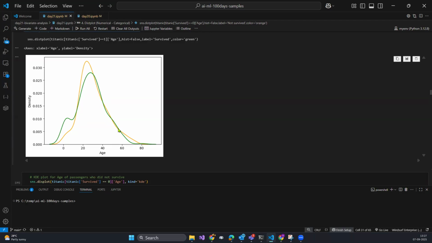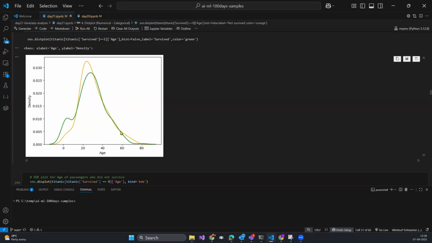And similarly, we can see from here, near about 60 onwards, survival is very less, drastically reduced compared to non-survival, right?